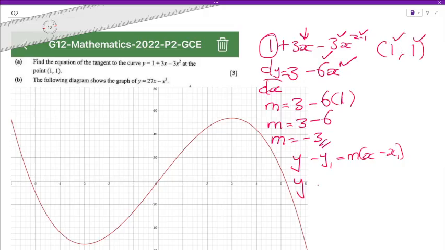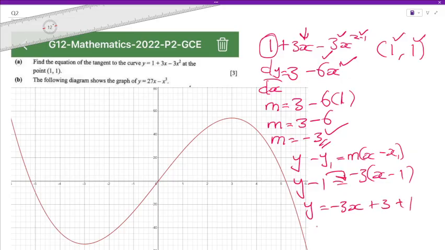So I'll plug in y1, which is a 1, is equal to the gradient we found, negative 3, times x minus x1, that one there. So y will be equal to negative 3x plus 3, and then this comes to the right, becoming positive 1. The final answer you find is y equals negative 3x plus 4 as the equation of the tangent.